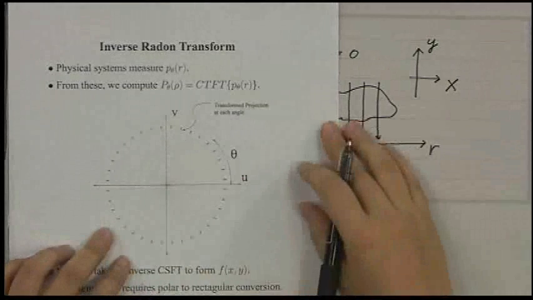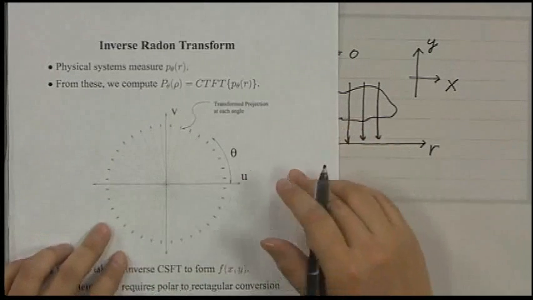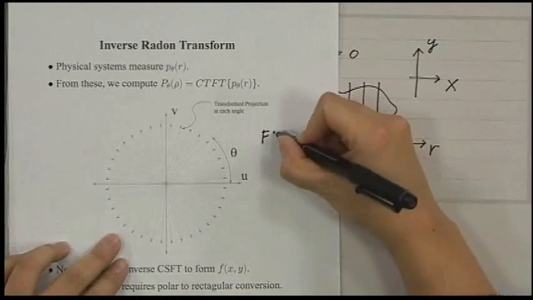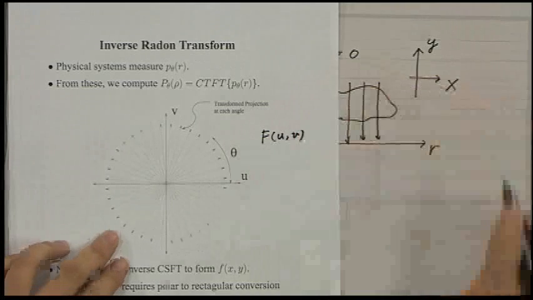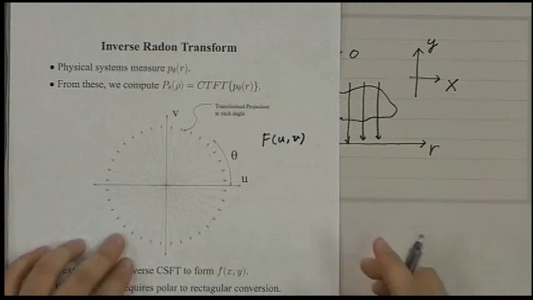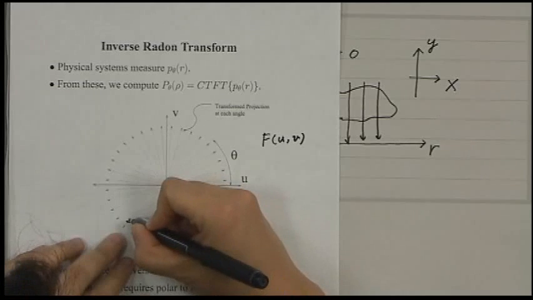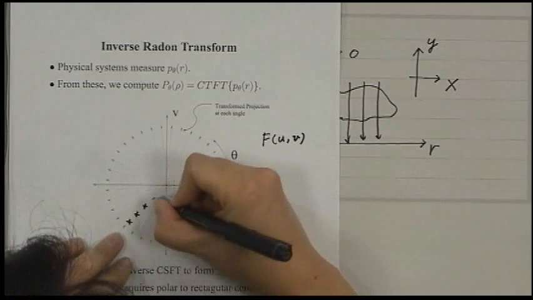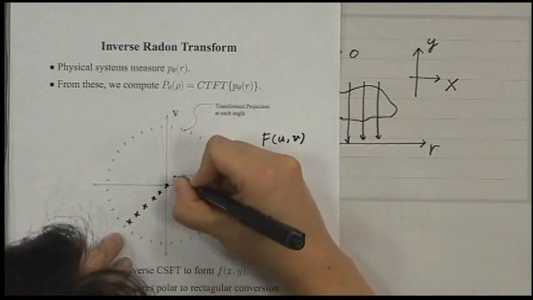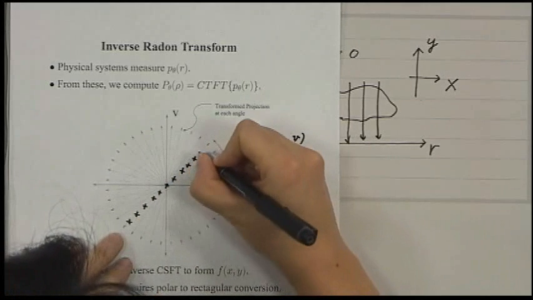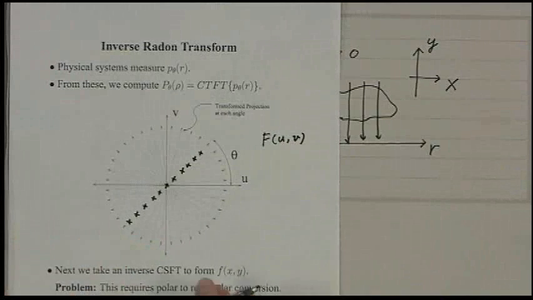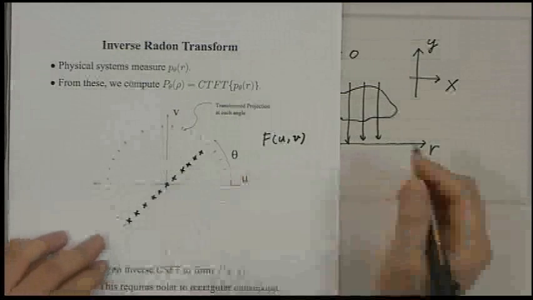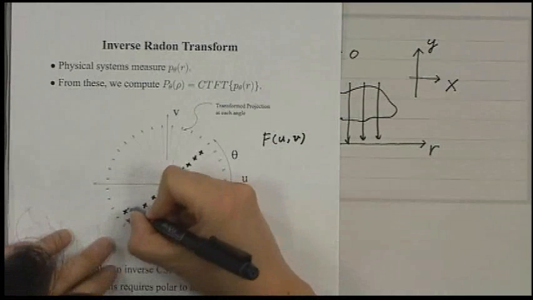Actually, a computer can handle only discrete values. So what we can do is, we want to plot F(u,v) using the projections. Okay, I can calculate, and then we start plotting like this. Then I change theta a little bit, and I can calculate the Fourier transform of the projection like this.